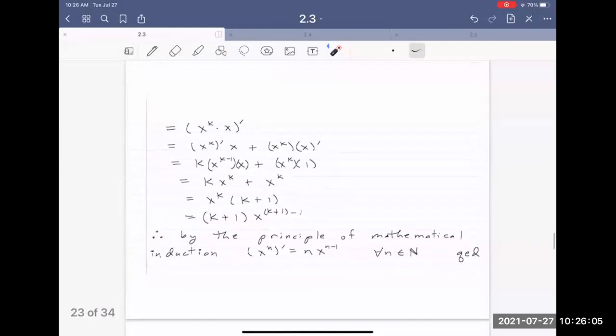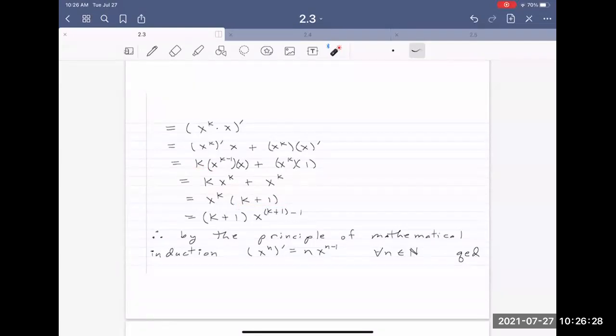And so multiplying x to the k minus 1 times k times x, I just get x to the k. So I have k times x to the k plus x to the k. I can factor out x to the k. And so this is equal to x to the k times k plus 1.